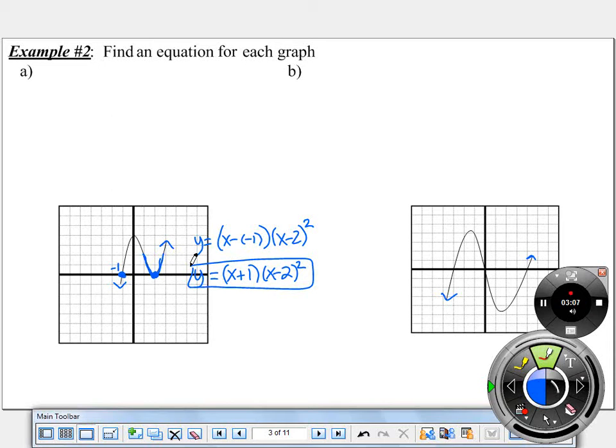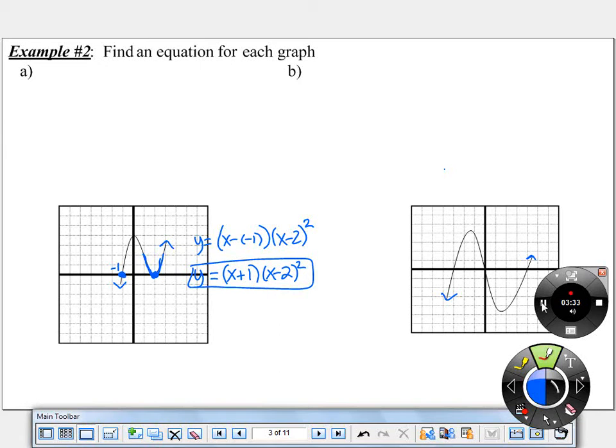We're not being super accurate because we're not plugging in points to find different a values. We're just shaping it based on the shape, the end behavior, and the zeros. Okay, so like was mentioned, we are just graphing based on where the zeros are and their multiplicity, as well as if it's positive or negative.